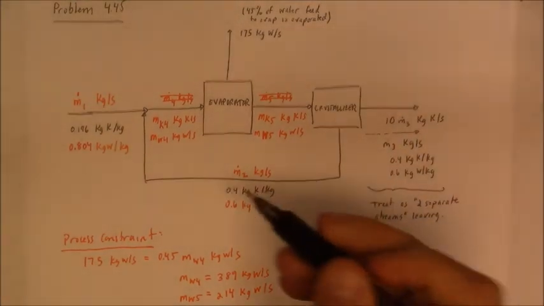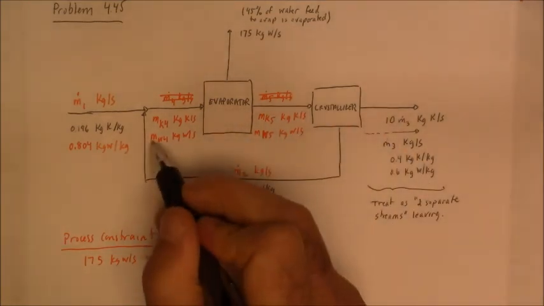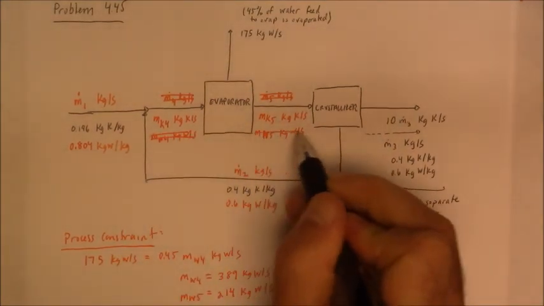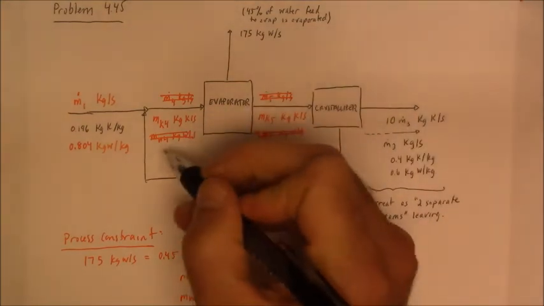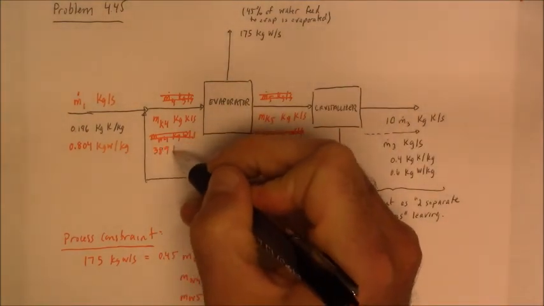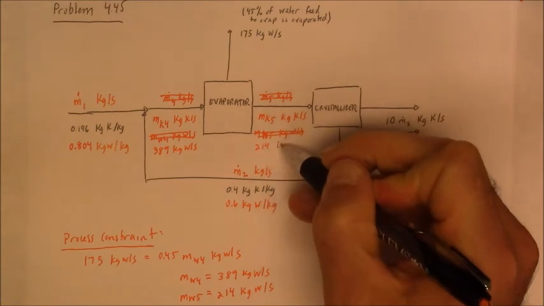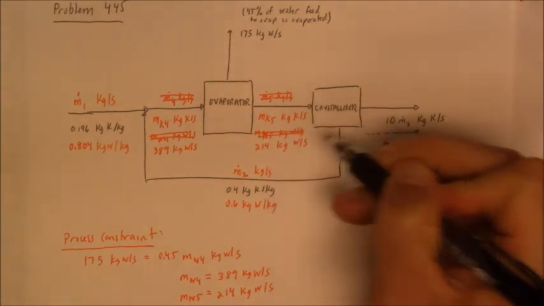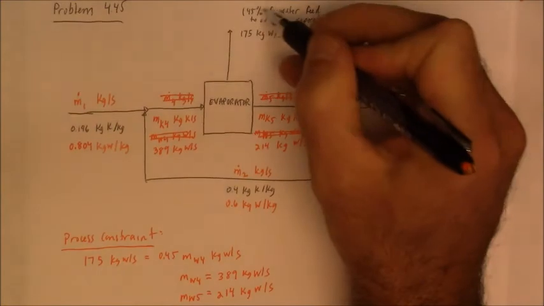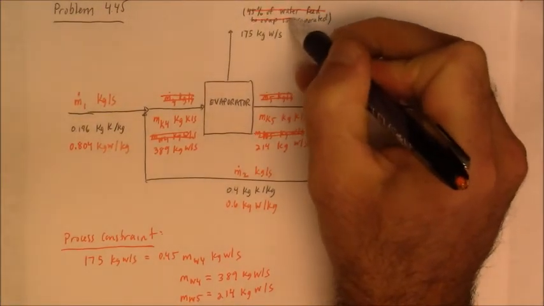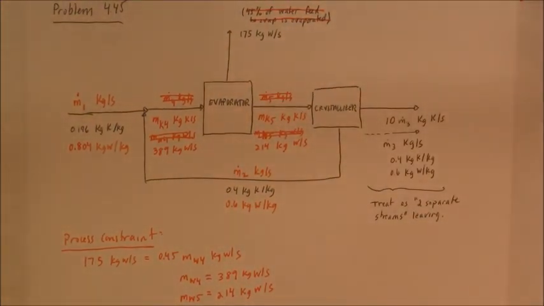So what I'll do now is modify my figure right here, cross out these variables, and instead write 389 kg W per second, 214 kg W per second. And I'll just indicate that I've used my process constraint, so I'll cross that off.